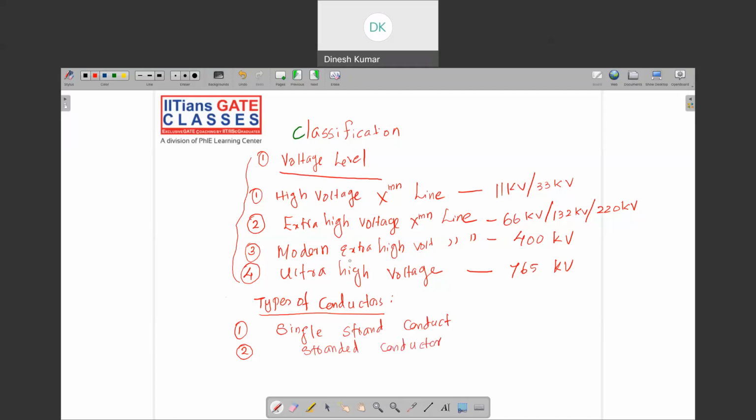Then the third one is composite stranded conductor, having different types of composite stranded. And the fourth one is the bundled conductor.